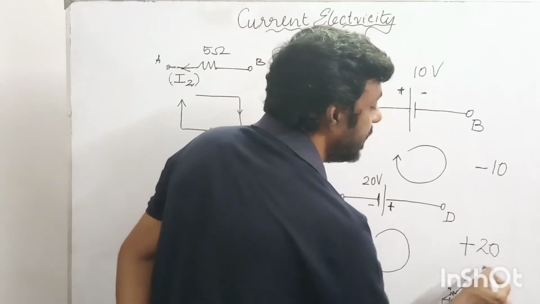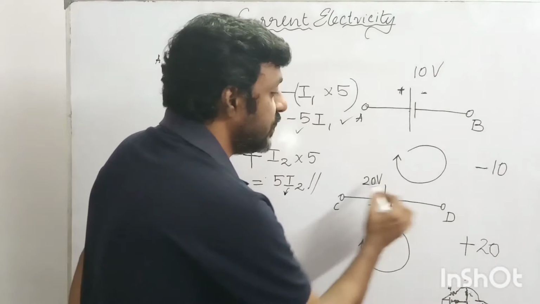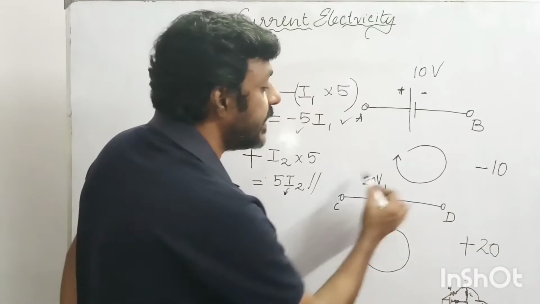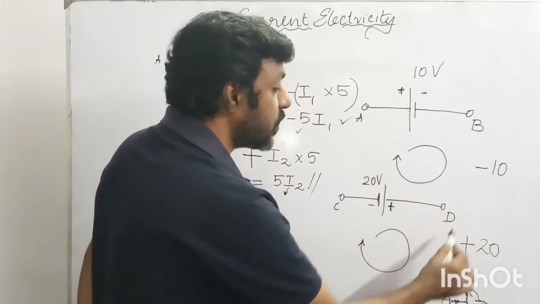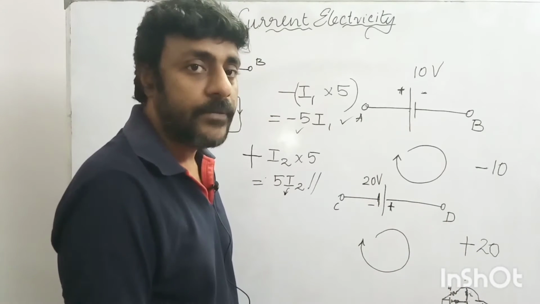So plus 20 is the value of this entire branch. This is how I express the branch with the help of Kirchhoff's voltage law, KVL.